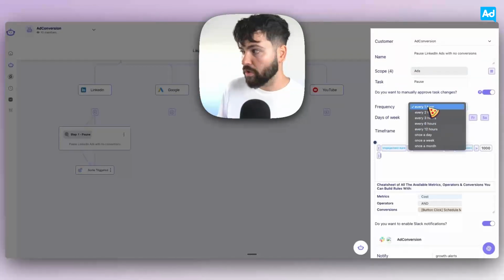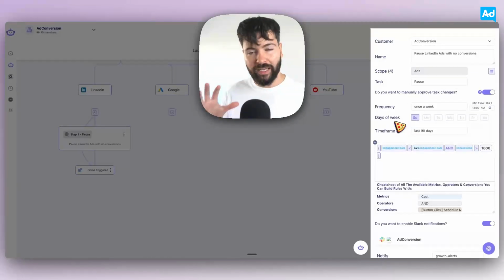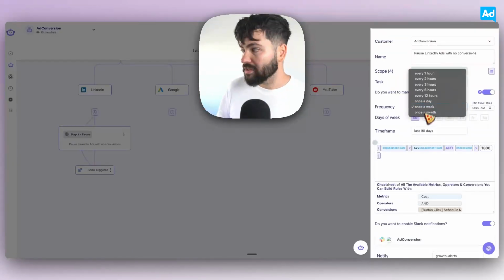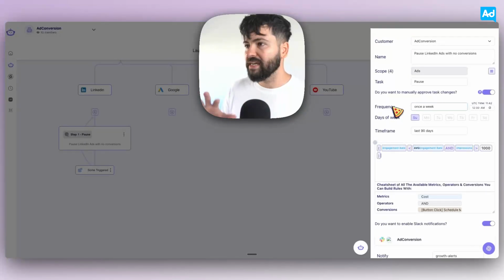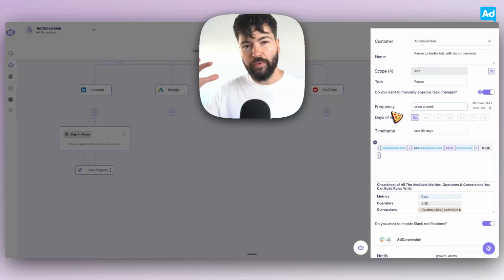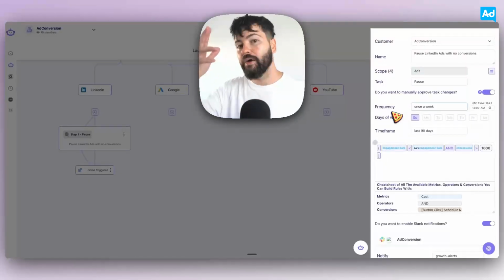And I can have the rule run as fast as every hour or once a week or once a month. I definitely recommend minimum starting at once a week, especially if you're a smaller account. You could get away with once a month if you really don't have a lot of ad spend, but once a week is a really nice sweet spot for the maintenance rules to make sure you're accruing enough data, because remember in that maintenance phase, you do need to let more spend happen to see how it continues to perform.